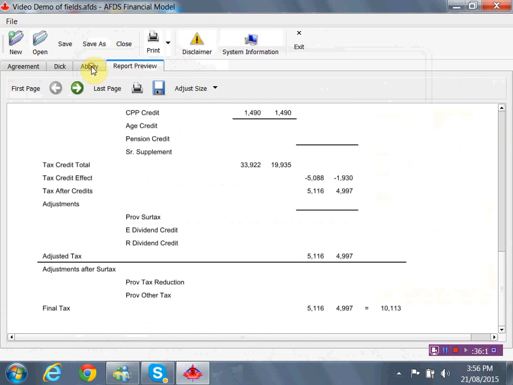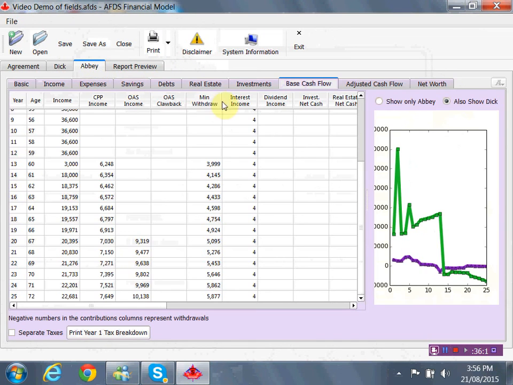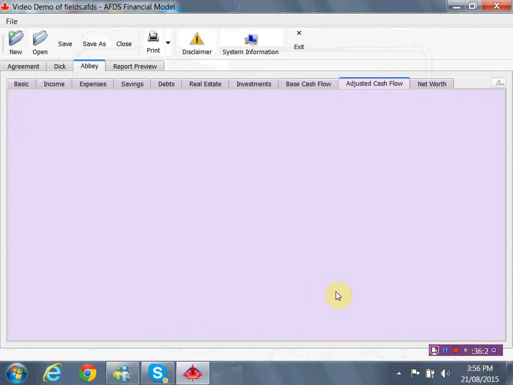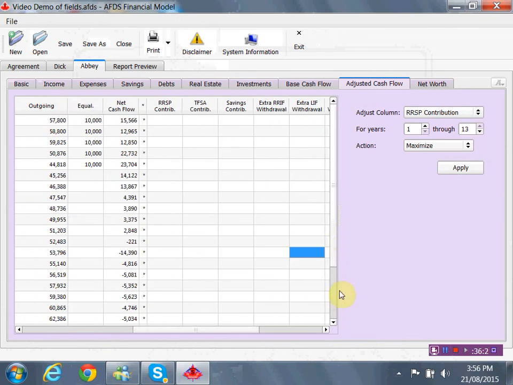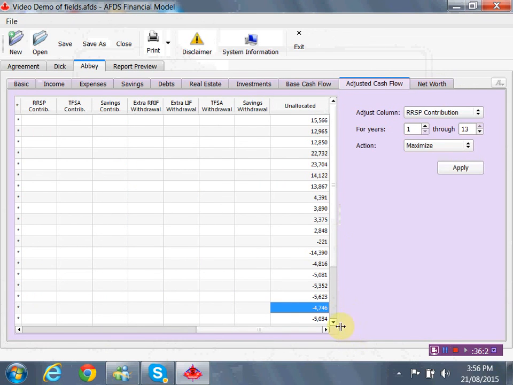And if we go back to Abby again, and again we've got the adjusted cash flow, which allows you to do the work on there. And sure, you're seeing unallocated, she's fine up until down here. So same sort of thing. We could always have extra RIF withdrawals, and we would look at what year that was.